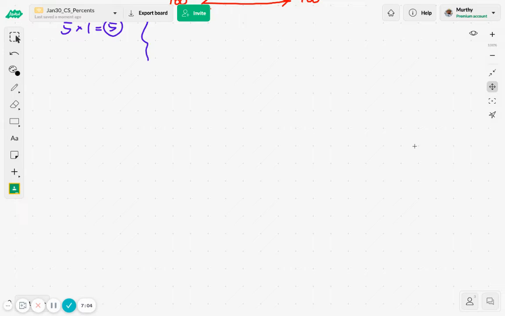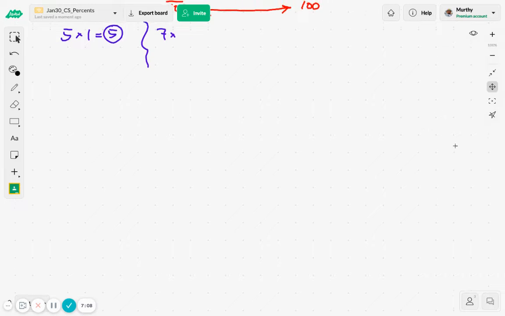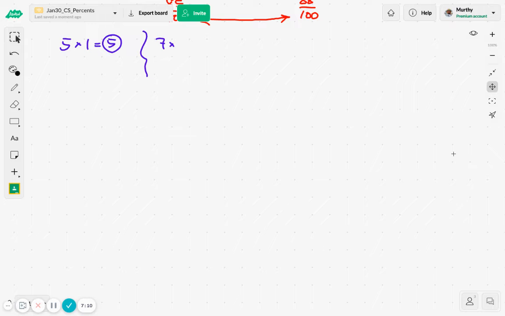So if any value is multiplied by 1, still the result is the same. You can take any number for that matter. So when you multiply by 1, you'll end up with the same result. Now, if I'm taking a fraction, say maybe 12 over 25.